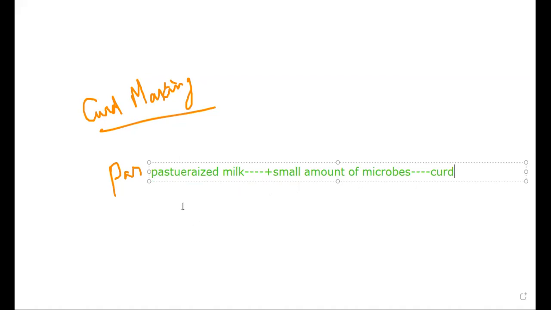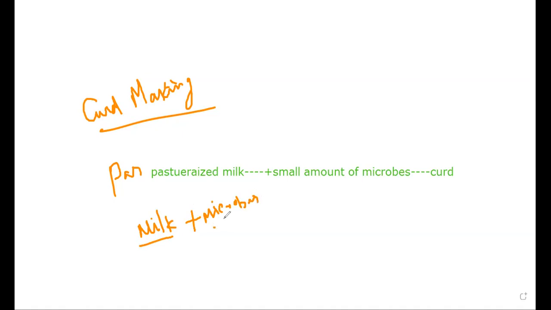Suppose, take an example. Milk is a substrate, isn't it? Here, milk is a substrate. To the milk, we are adding a small amount of curd, otherwise called the microorganisms, that is called the culture.